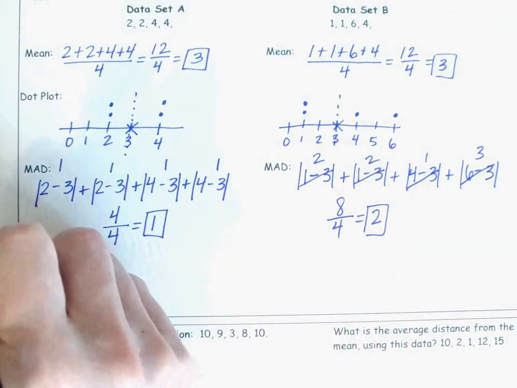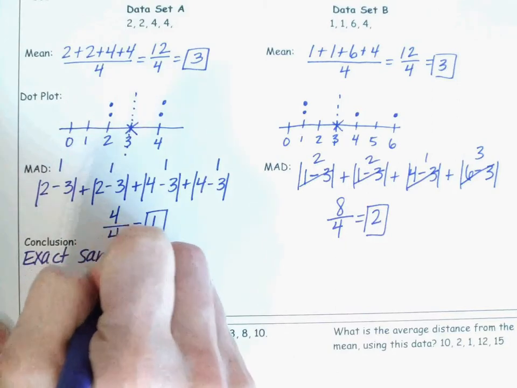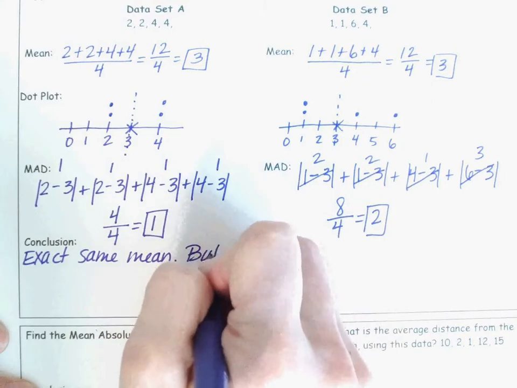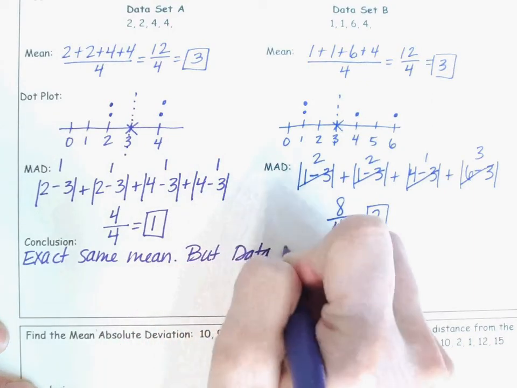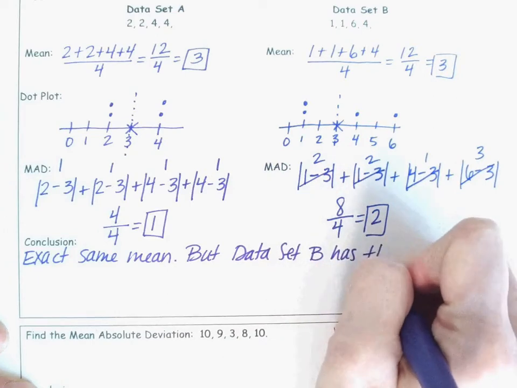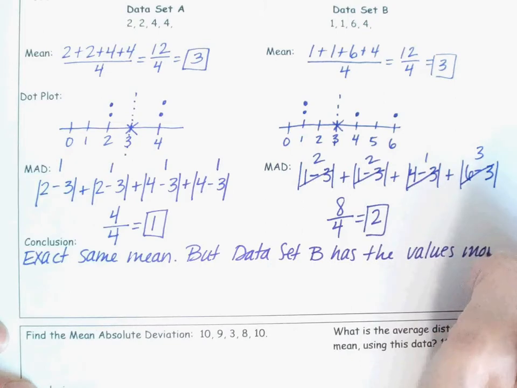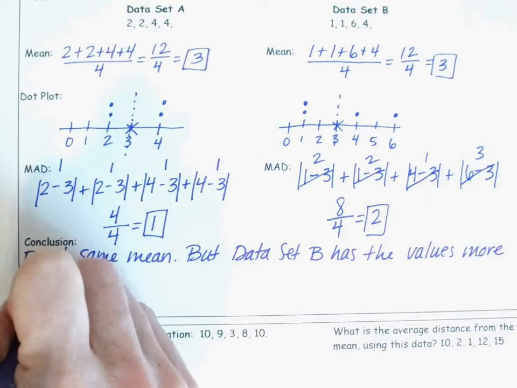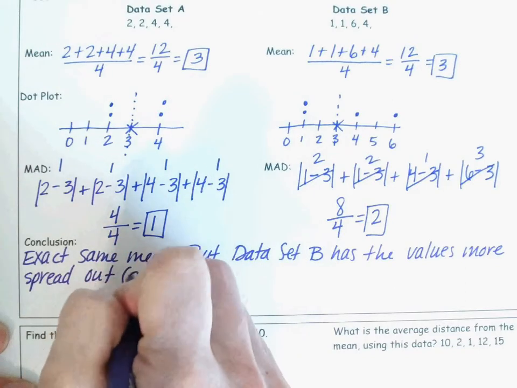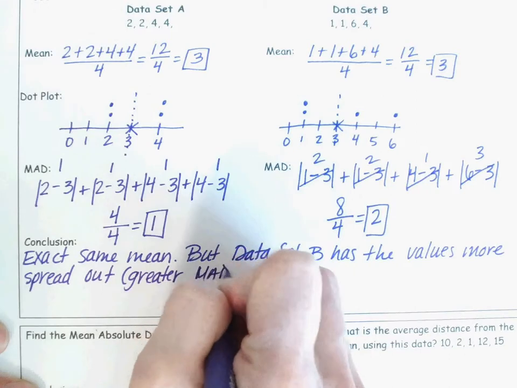Okay, so the conclusion again is that they have the exact same mean, but data set B has the values more spread out. So we know that because it has a greater mean absolute deviation.